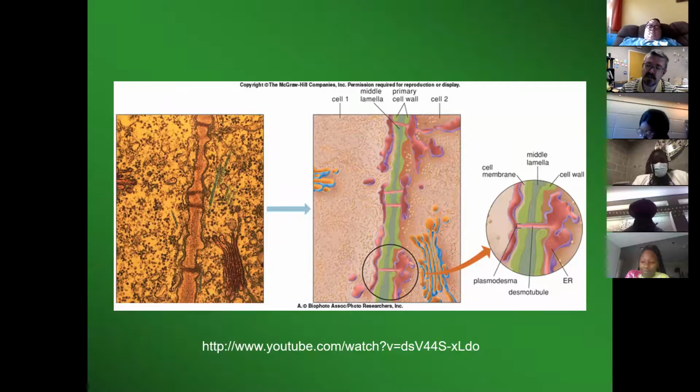Okay, so let me ask you this. Which one's going to be faster? If you've already got a hole in the wall and stuff is traveling through, or having to cross a cell membrane, a cell wall, a middle lamella, a cell wall, and another cell membrane? Which one's going to be faster?